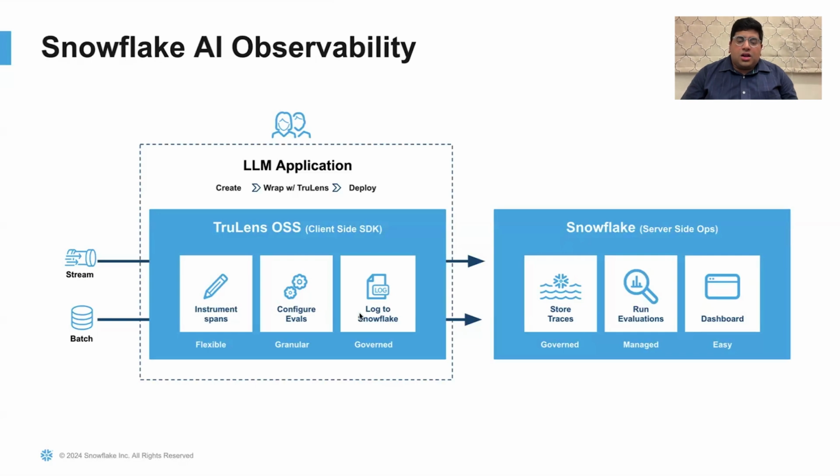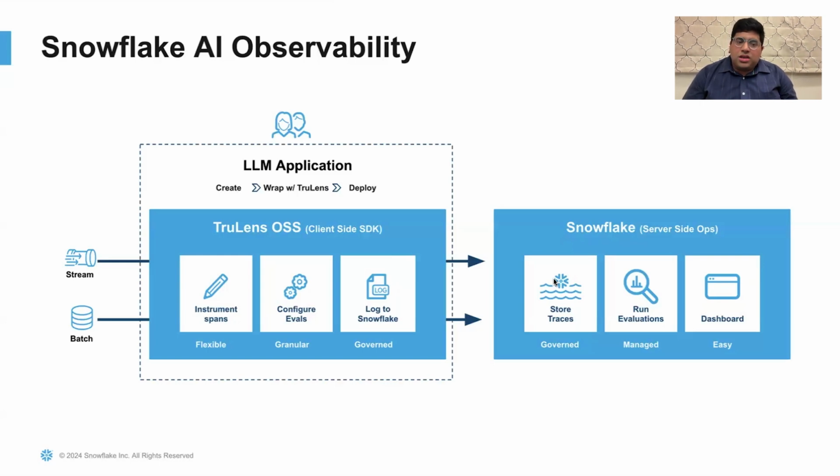And finally, log to Snowflake in either streaming or batch fashion. The second part is Snowflake's server-side operations that allow you to store these traces in the chosen data lake, run evaluations as a managed service, and finally, out-of-the-box dashboards that allow you to consume the results of these evaluations.